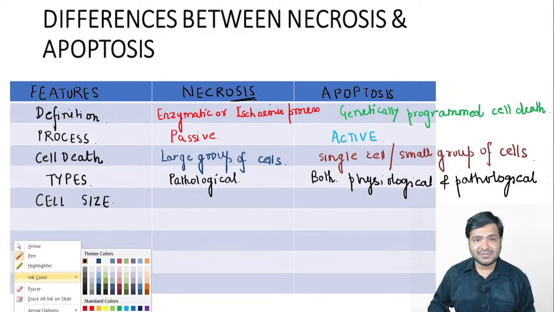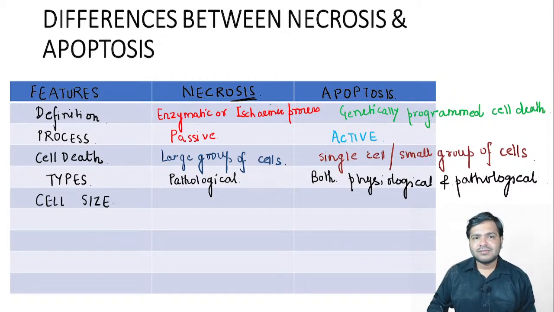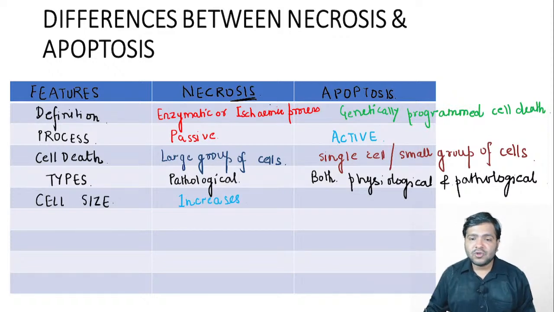I'm talking about necrosis right now. The cell size increases, whereas when we talk about apoptosis, it decreases. It decreases in apoptosis, whereas the cell size increases in necrosis.